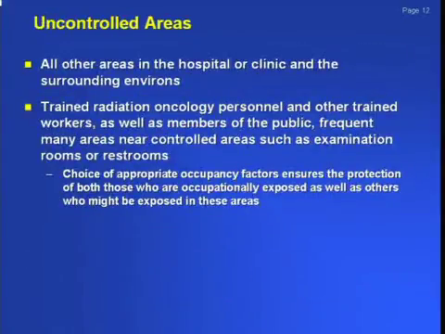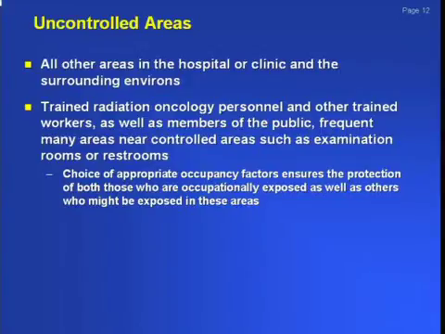Uncontrolled areas are all other areas in the hospital or clinic and all the surrounding environment. In other words, you have no control over that area immediately on the exterior of your building. We did do one shielding project in El Paso, Texas, that wanted us to put very minimal walls up because they wanted to put a fence a mile out from the linear accelerator to control occupancy.